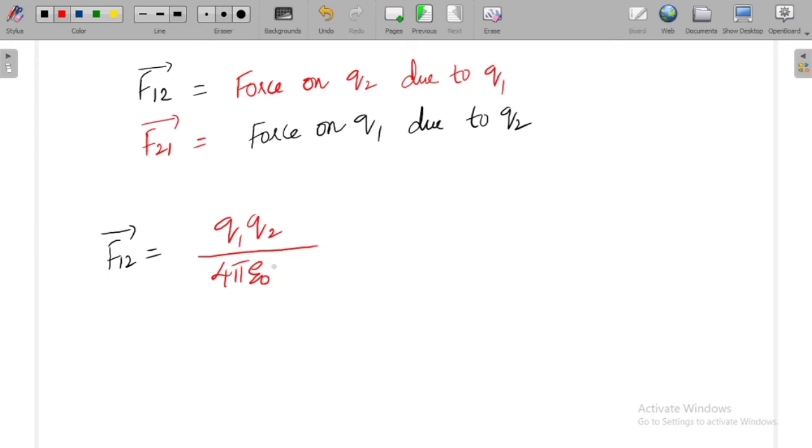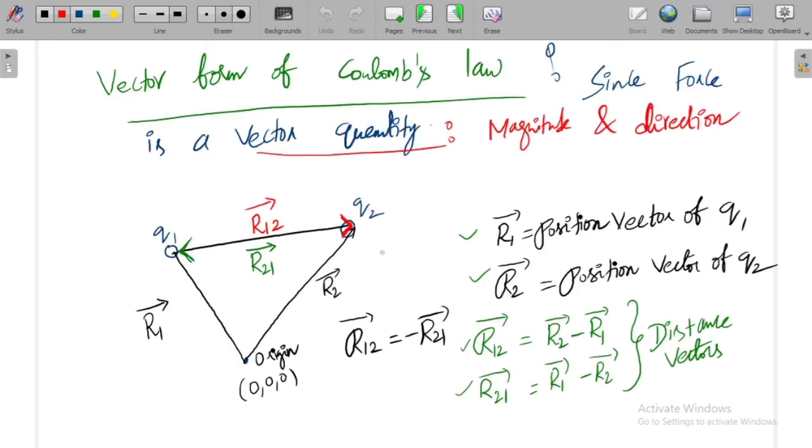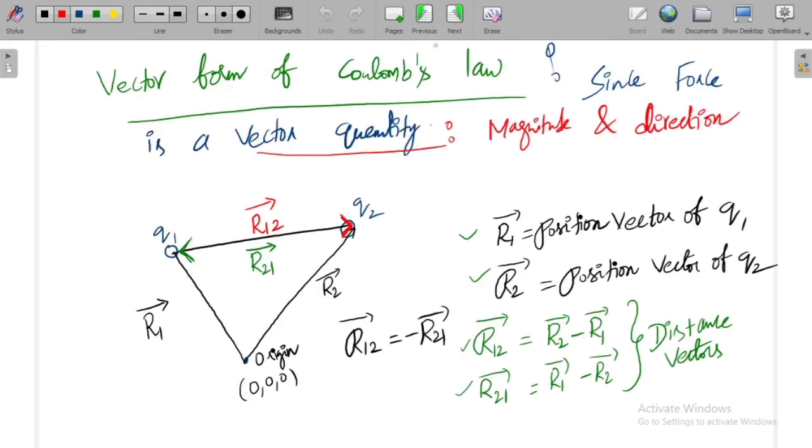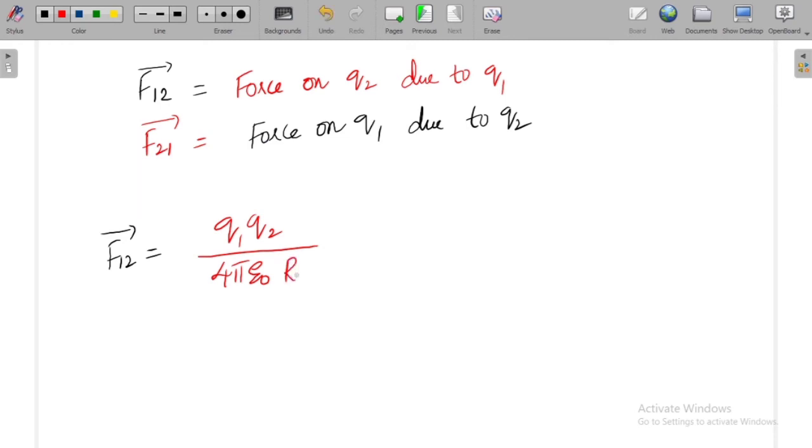I am assuming that the medium between Q1 and Q2 is air or vacuum. Now, what is the distance here? If you see the previous diagram, you can consider it as R12 or R21. As I am finding F12, I am considering R12 only, but here I need the square of the magnitude.